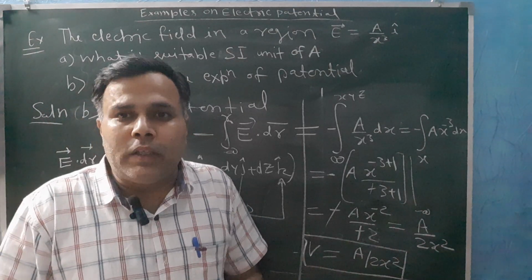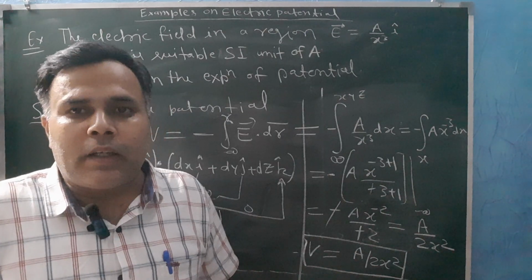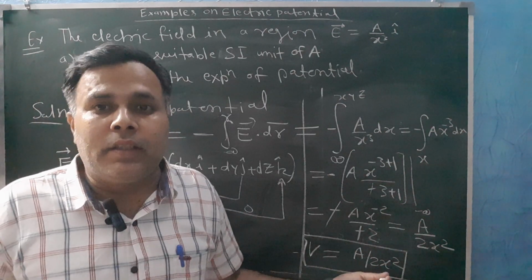We can deal with a more complex situation if we have a planar profile of electric field, or a 3D profile of electric field in Cartesian or in a different coordinate system also.